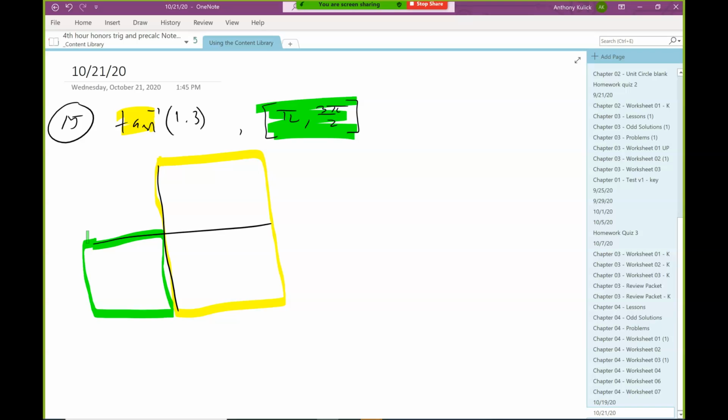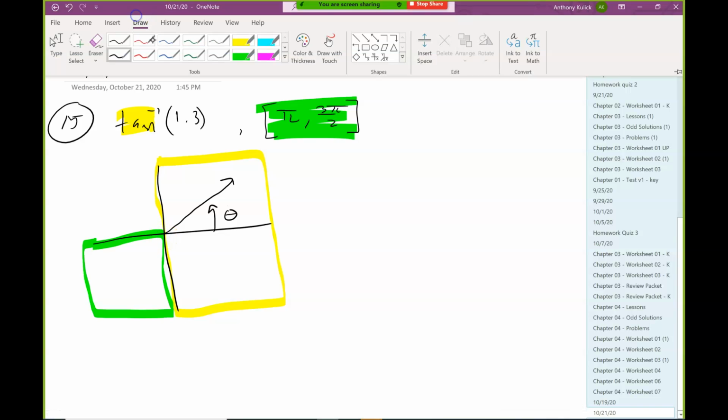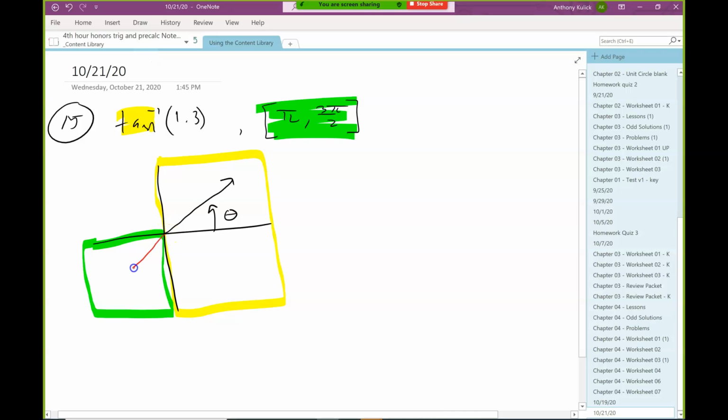Okay, fair enough. So I know immediately that tangent is positive in quadrant 1 but not in quadrant 4. So the answer that the calculator is going to give me is this value here. The answer I'm looking for, though, is going to be here.